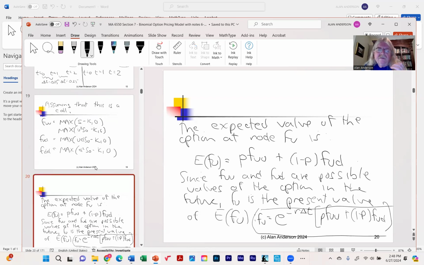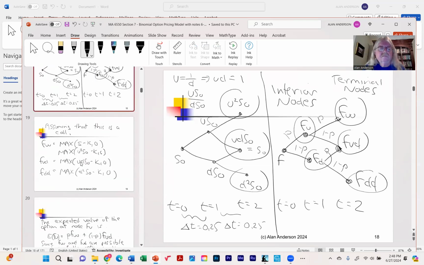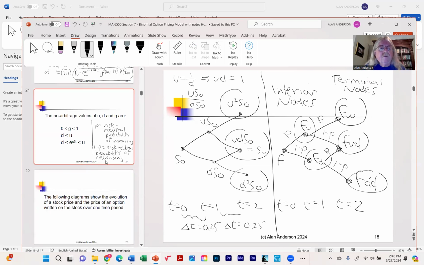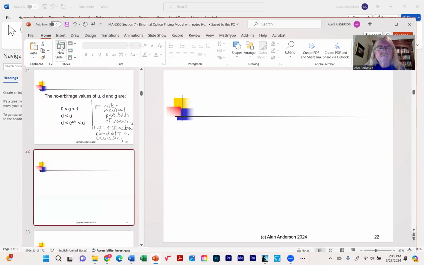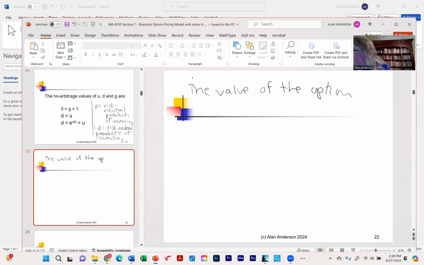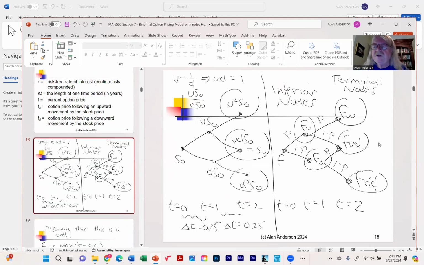So if that's the case, then what about this FD rather, right here? What would this have to be? Well, based on the same reasoning, the value of the option at node FD is, so just look at the graph again, you'll see that if we're at FD, we can go up to reach FUD or down to reach FDD.